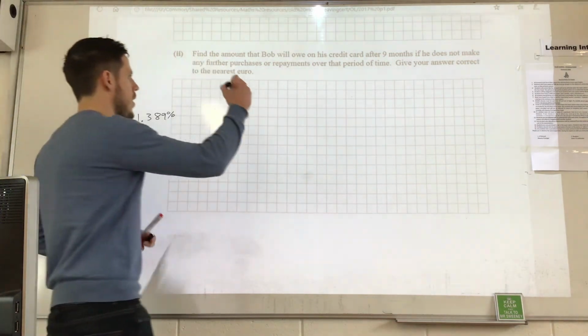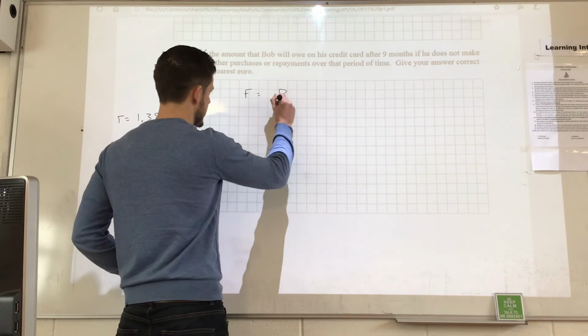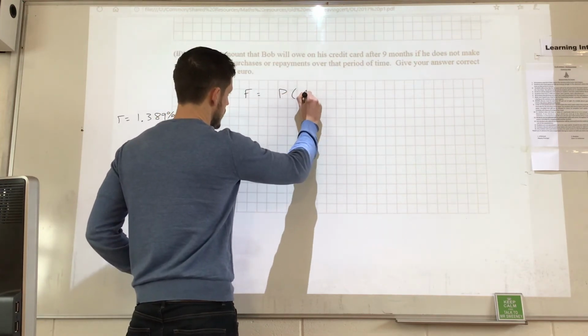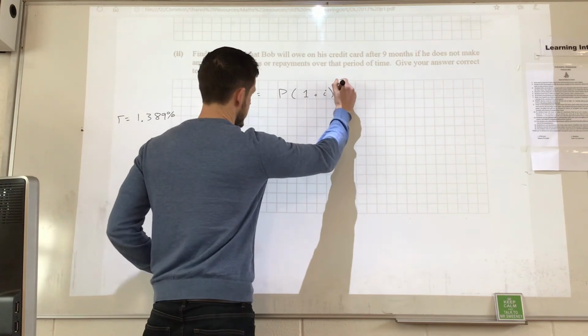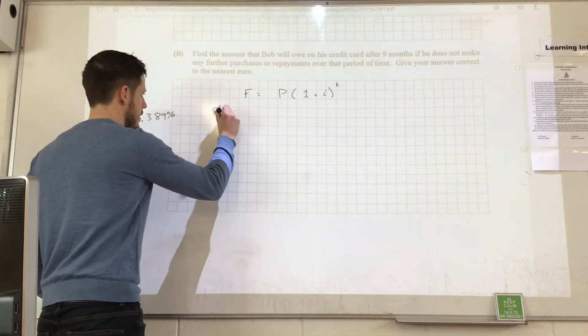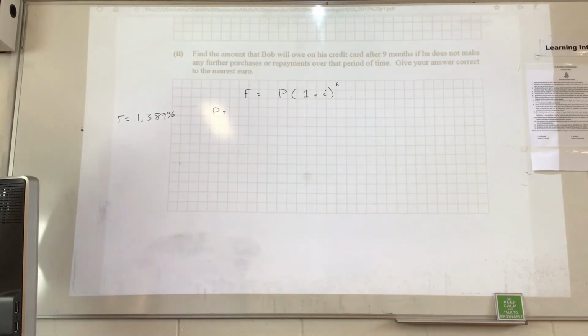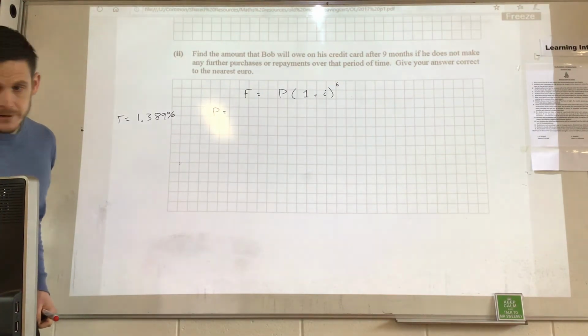So I'm going to write down the formula, which is given. So F is your final amount is equal to P on 1 plus i, being your interest rate, to the power of t. P is what we start off with. And I know from the very top of this question, it was €1,700 that Bob owed. So I'm going to write in €1,700 there.